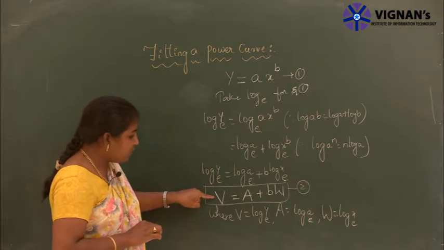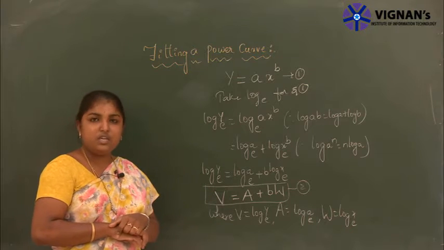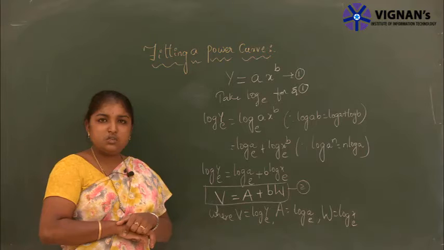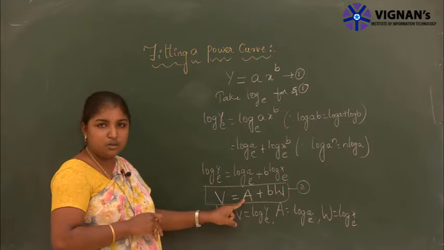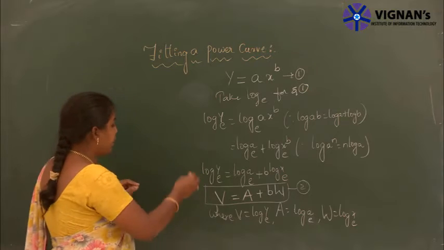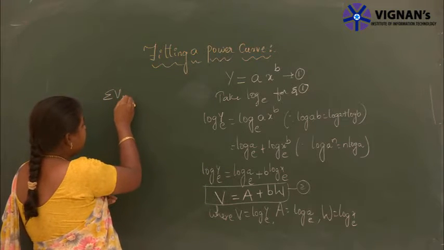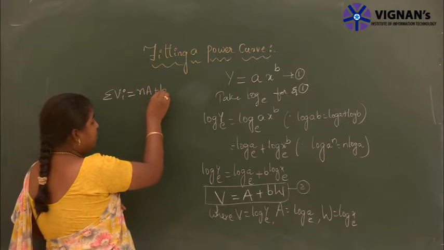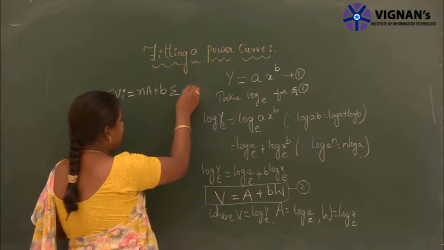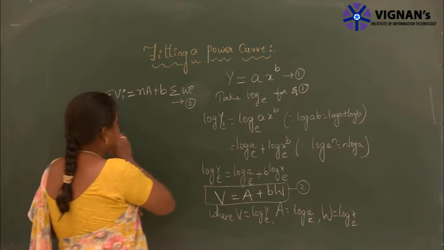First of all, for solving this straight line equation we use the least squares method. Using the least squares method for equation 2, the two normal equations can be written as summation Vi equals na plus b summation Wi. Let this be equation 3.